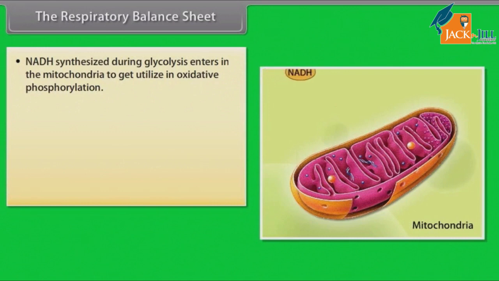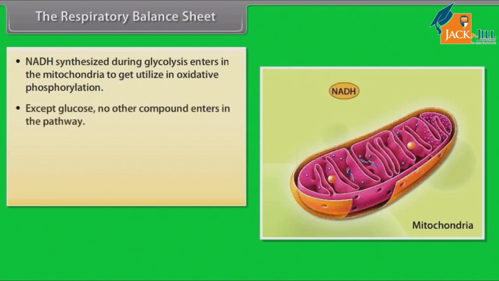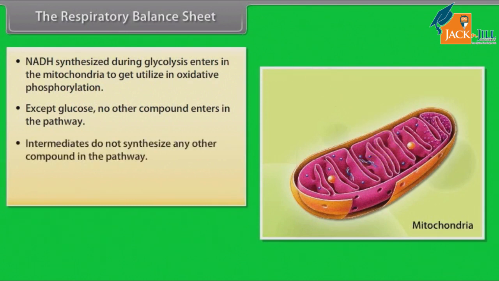NADH synthesized during glycolysis enters the mitochondria to be utilized in oxidative phosphorylation. Except glucose, no other compound enters the pathway. Intermediates do not synthesize any other compound in the pathway.